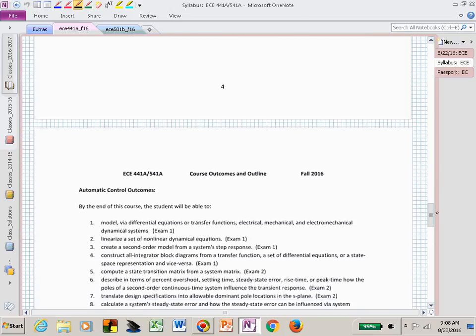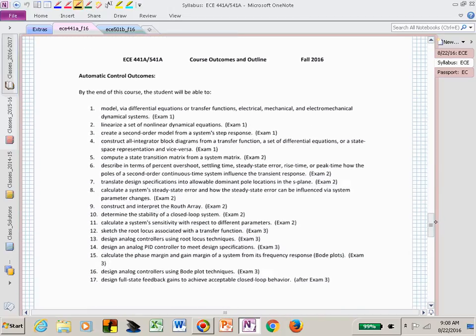Then if you're interested in the final exam, here it is. Everybody always wants to know, is it on the exam? Will this be on the final? Well, here's the final exam.